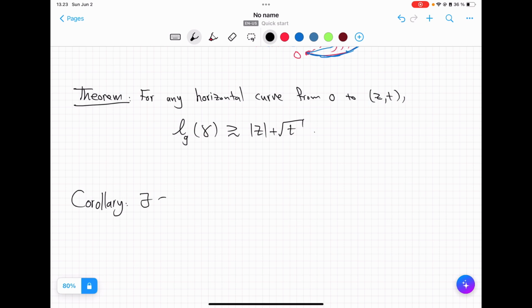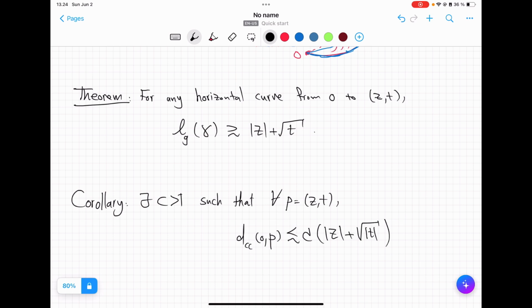Corollary, there exists some c bigger than 1 such that for every point z and t, Carnot-Caratheodory distance of 0 and p is bounded from above by c times absolute value of z plus square root of t, and from below by 1 over c times absolute value of z plus square root of t. The end of the story.